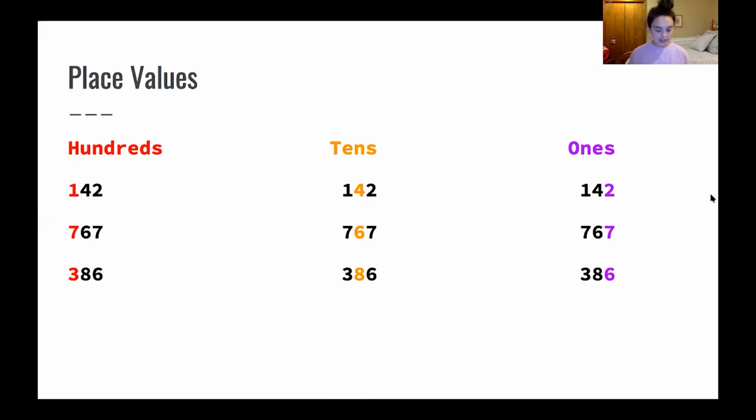So again, let's take a look. How many hundreds do we have here? Let's look at the place value. How many hundreds? 300s. Awesome. Now, how many tens do we have in this number? Look right here.